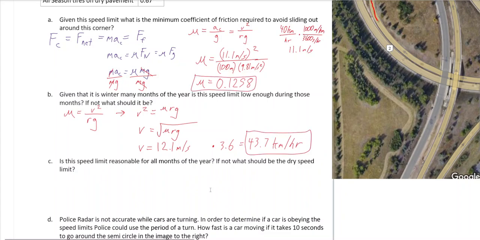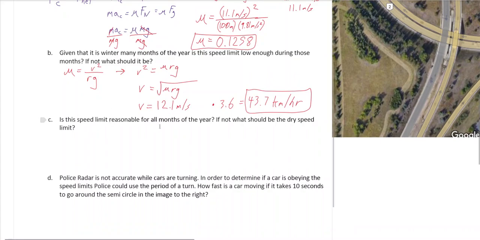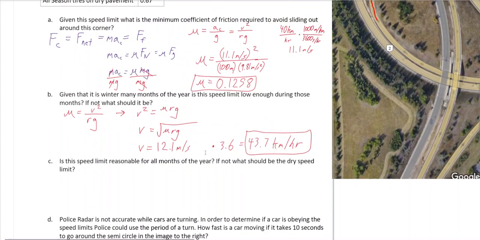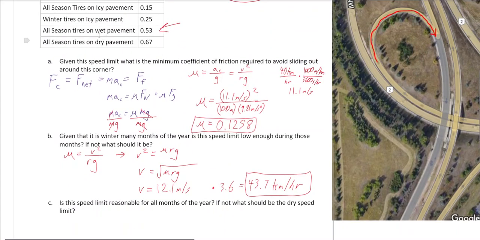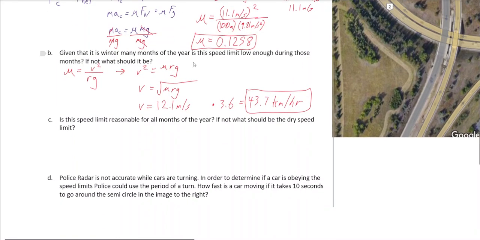Given that result, is the speed limit reasonable for all months of the year? Well, not really, right? We can base it off of wet and dry pavement. We can probably base it off of this 0.53. So we can now work this backwards again. So probably not.